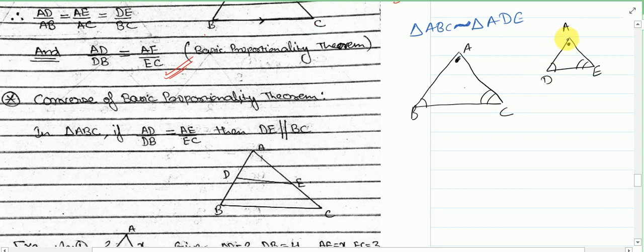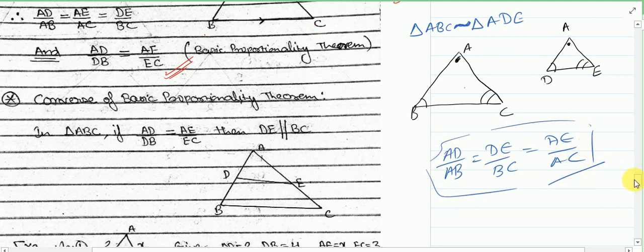So corresponding to AD is which one? AB. So AD upon AB. Then corresponding to DE is which one? BC. So DE upon BC. Corresponding to AE is AC. So AE upon AC. Okay.